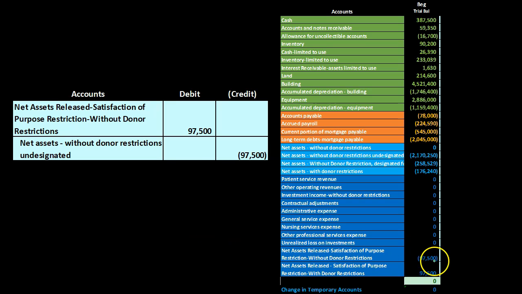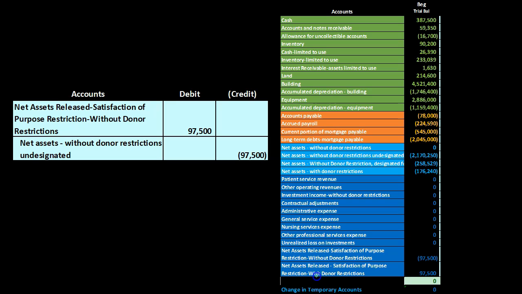Next transaction, we're going to be closing out these two items. I'm going to do it one at a time. I think it's a lot easier to do one at a time. You'll notice that these transactions are called net assets released, satisfaction of purpose restriction without donor restriction, and then the net assets released, satisfaction of purpose restriction with the restriction.